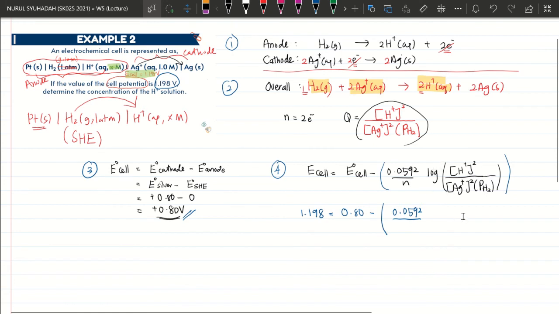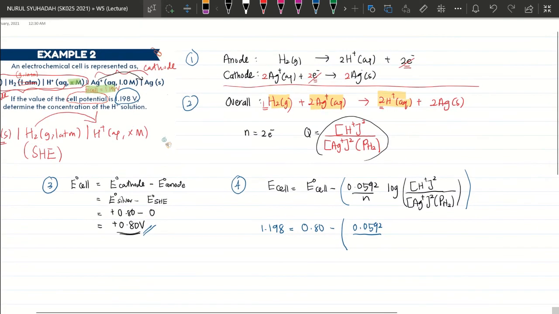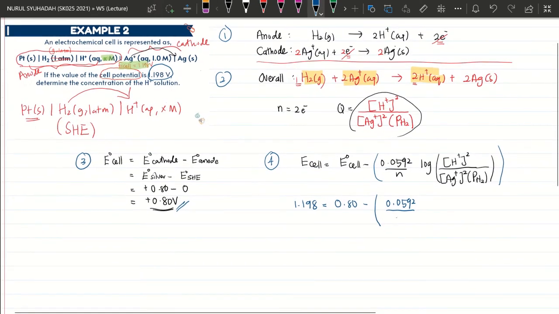Our n is 2. Then log of the concentration of H+ squared, the one that we want to find, over Ag+ to the power of 2. We get the concentration from the cell notation, 1 molar. So we write down 1 to the power of 2. Make sure you substitute the correct value. And then the partial pressure of the hydrogen gas is 1 atm.